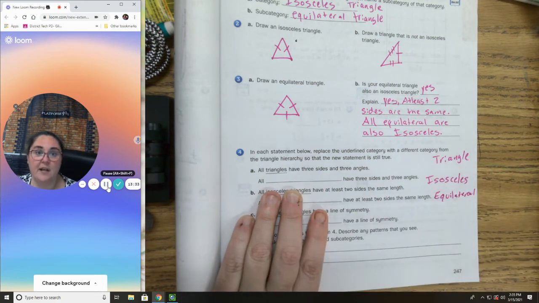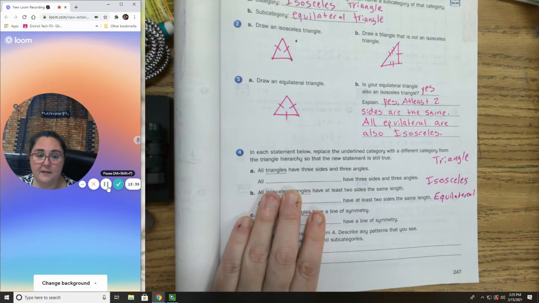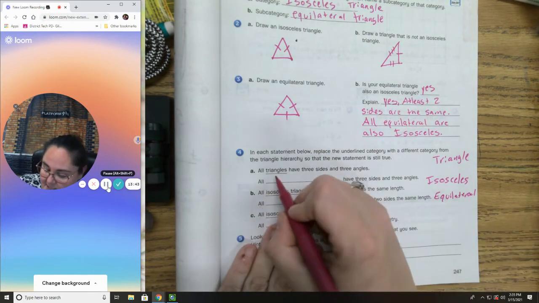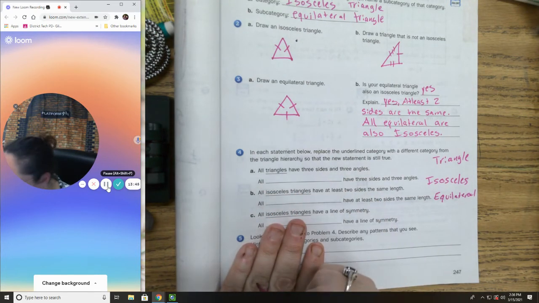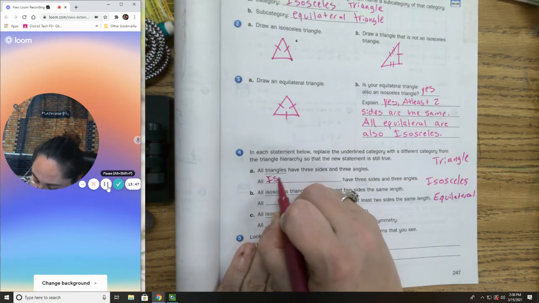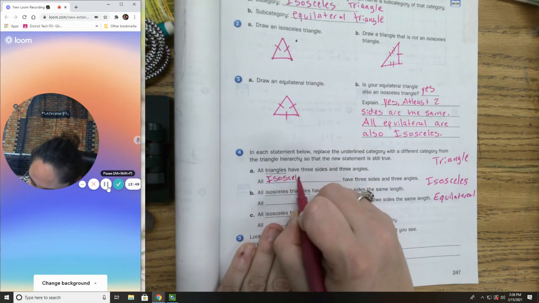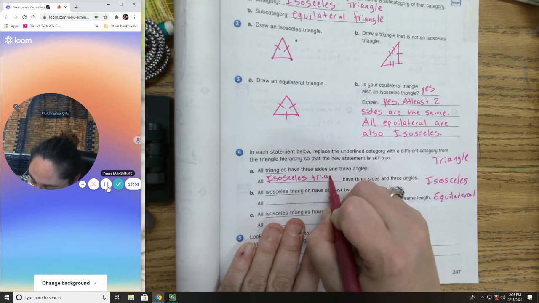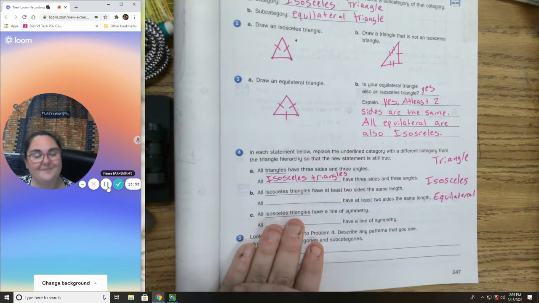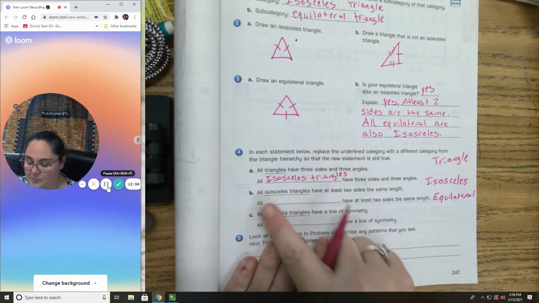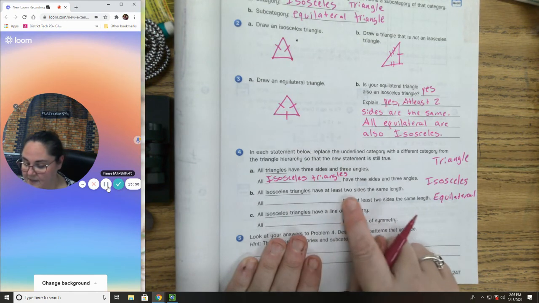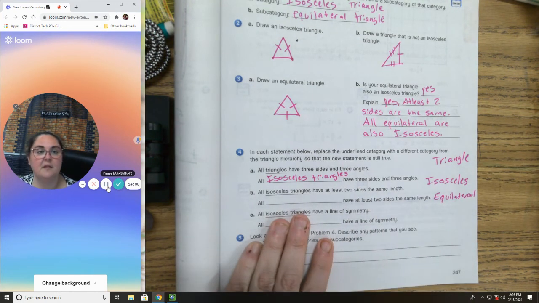What other word could I put in there? All blank have 3 sides and 3 angles. Maybe this time I'm going to say all isosceles triangles. Done. All isosceles triangles have at least 2 sides that are the same length.